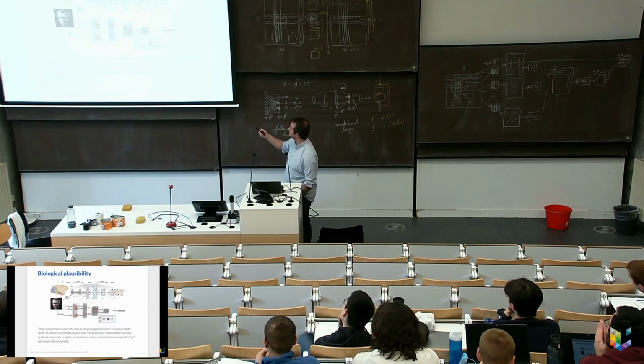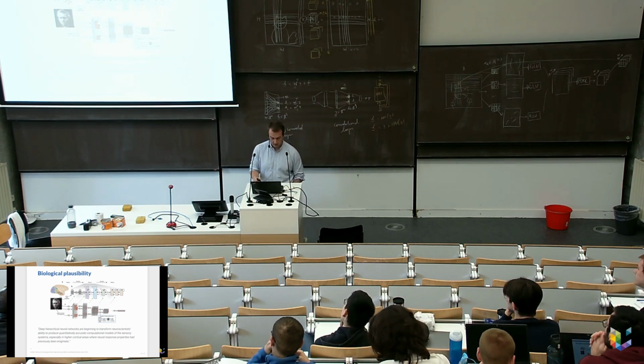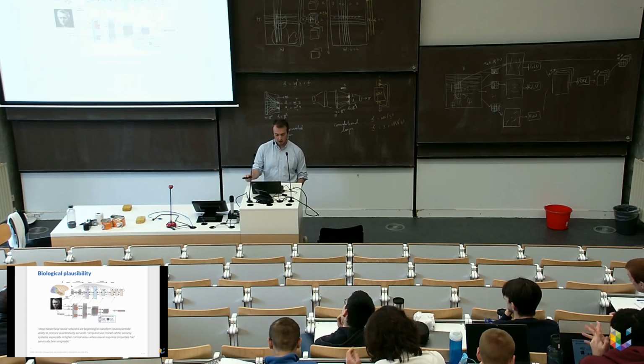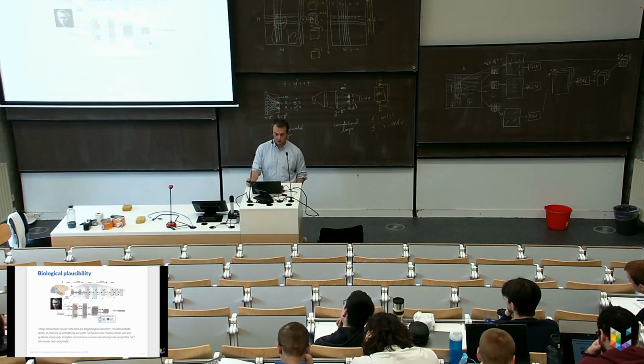And so this is a picture taken from a paper, and they have this sentence in the paper where they say, deep hierarchical neural networks are beginning to transform neuroscientists' ability to produce quantitatively accurate computational models of the sensory system.